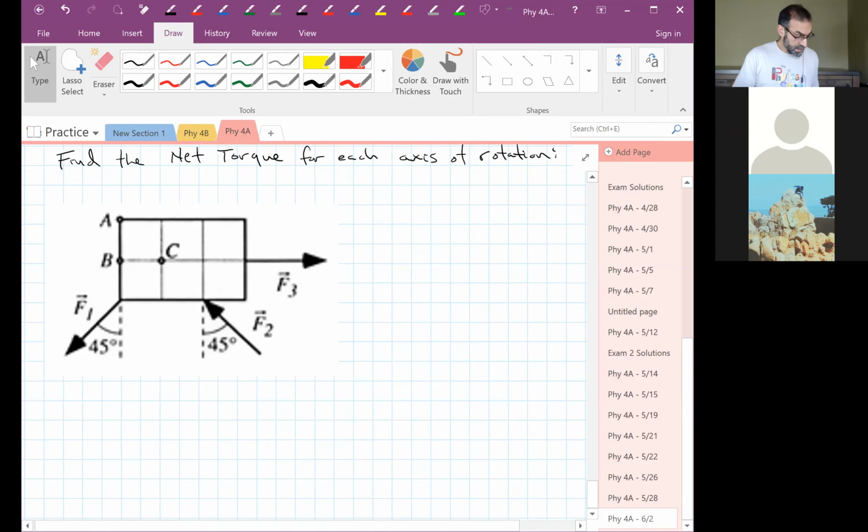So what I think is easiest is let's think about one force at a time and look at the torque it produces about each axis of rotation. Then we'll go to the next force. Okay, so this will be the torque from F1 about A, B, and C.